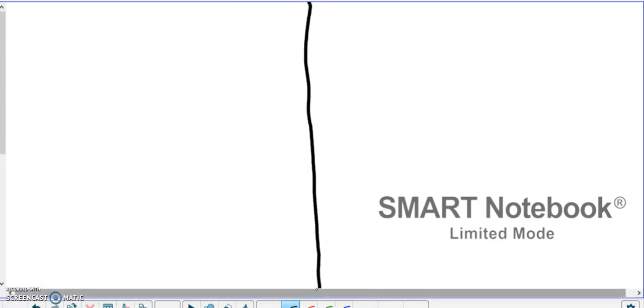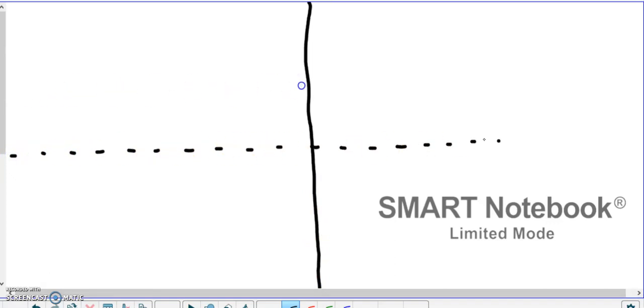So I want you to just divide that section up into quarters. On the left side, we're going to be reviewing exponential graphs. So label that side exponential on top.